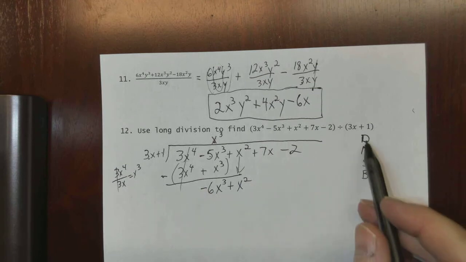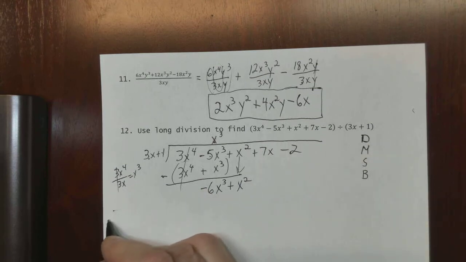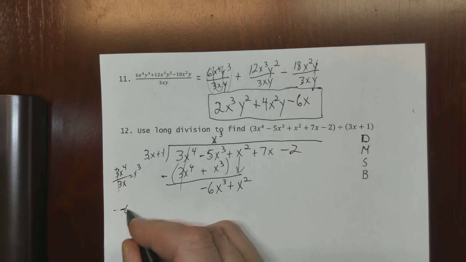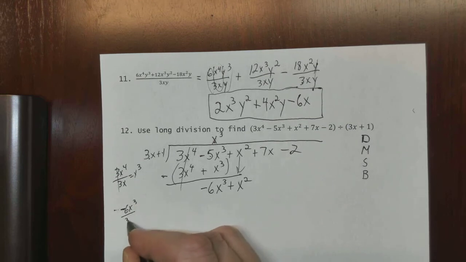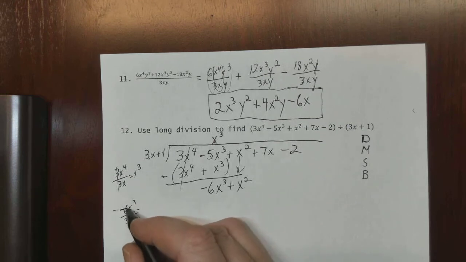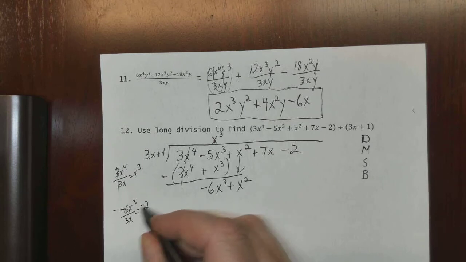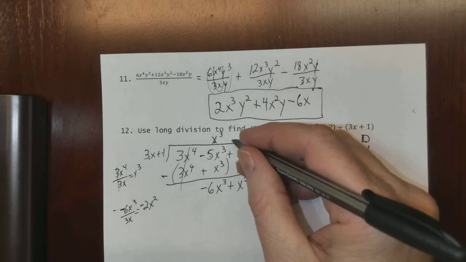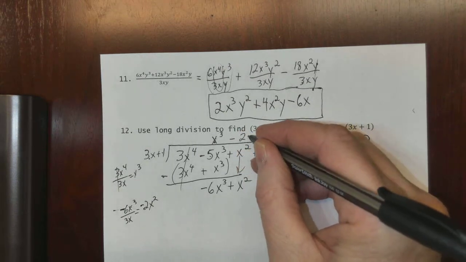Now I'm ready to divide again. And negative 6x to the 3rd over 3x is telling me what I need to do. Negative 6 divided by 3 is negative 2. X to the 3rd divided by x is x squared. I'll put a minus 2x squared here.